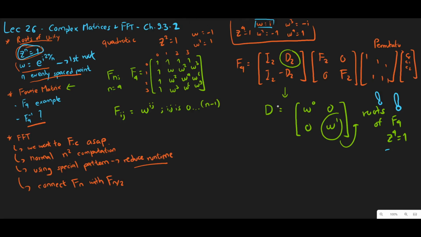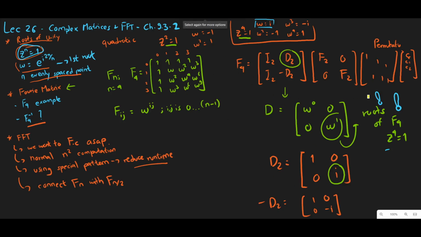So in the case of F4, D2 will be w to the 0, which is 1, and w is i, and the minus w D2 is of course minus i. I just want to emphasize that this is i coming from z^4, not from z^2, which is minus 1. I hope you see the idea here.